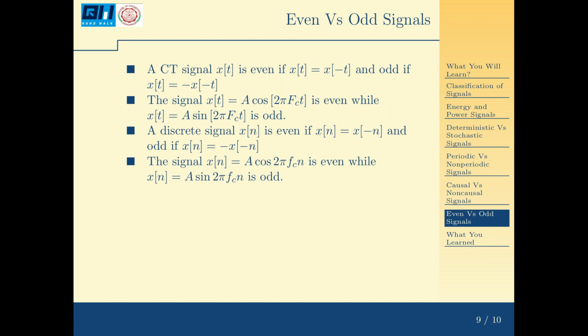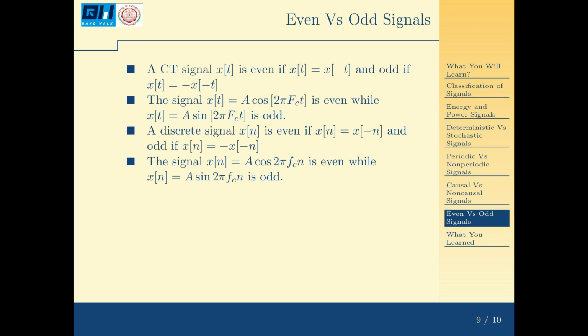Now then there is a classification, even versus odd signals. A continuous time signal x(t) is even if x(t) is equal to x(minus t), and odd if x(t) equal to minus x(minus t). That is, if it has mirror symmetry about the y-axis at the origin, then it is an even signal.